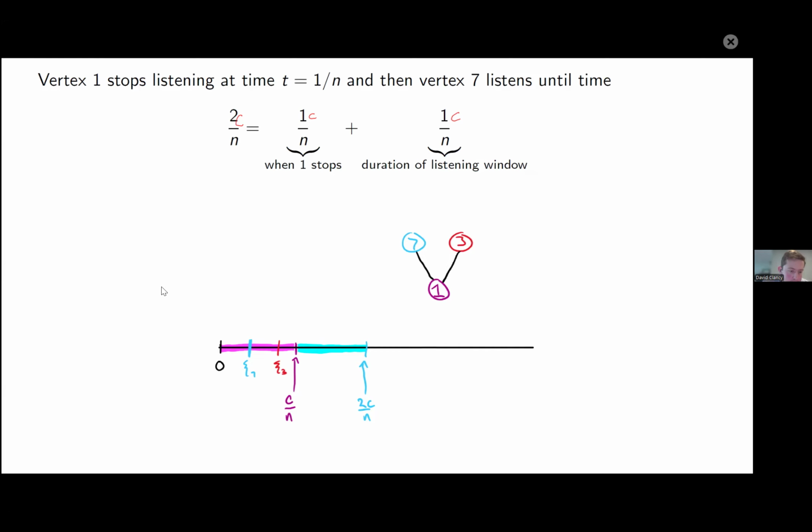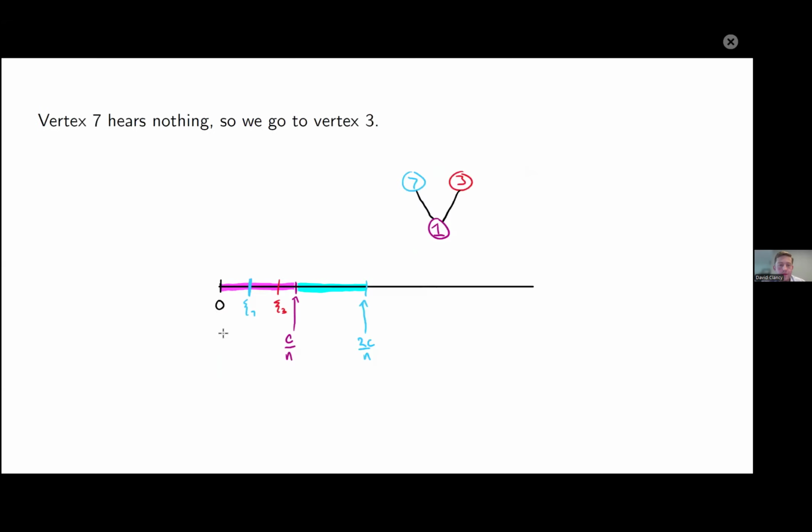So I want to actually clear my drawings now. Right, so in this case, vertex 7 hears no neighbors, which so be it, it could happen that no arrivals come during this interval. So in that case, we are just going to go to the next vertex that we've already heard arrive, but haven't fully explored yet.